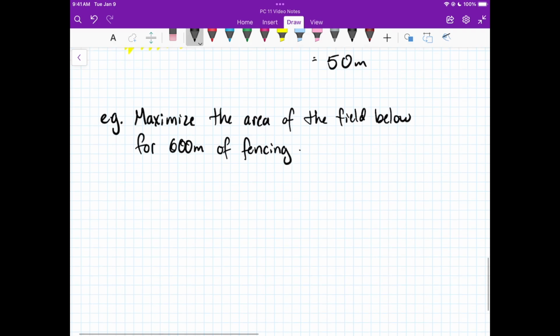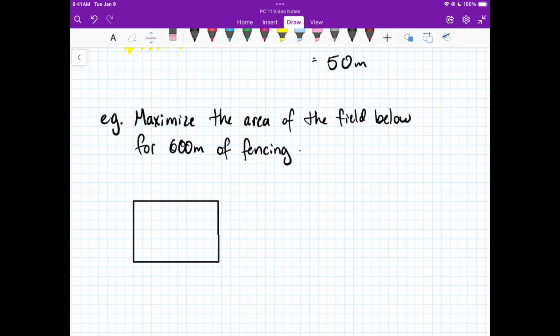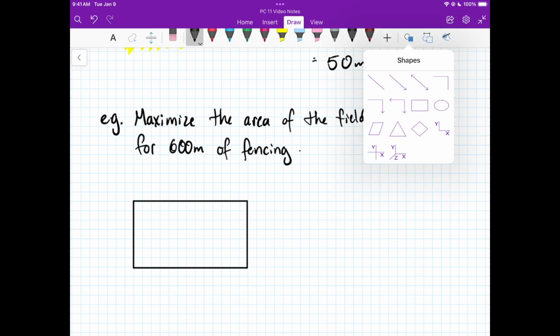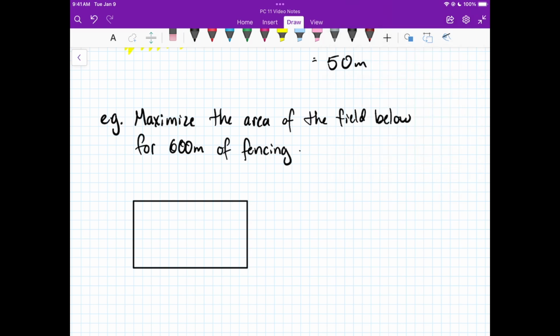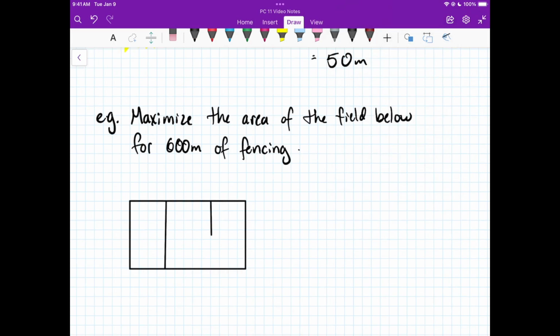So I'll draw you the field so you can get a sense of what we're looking at here. Still going to be a rectangle, right? That's always going to be the case for these. But now to maybe separate out some different kinds of animals or some different kinds of plants, our farmer is also going to divide up the field into parts. So this is what our field looks like now. It's got 3 different sections to it.